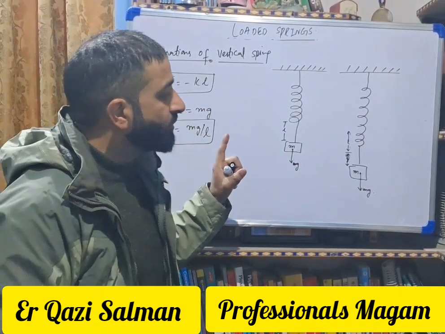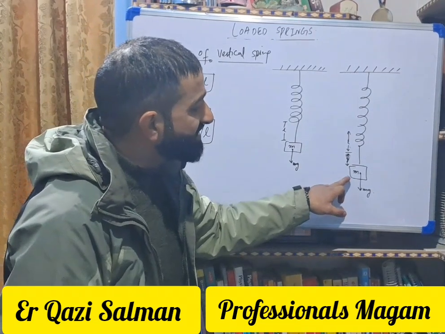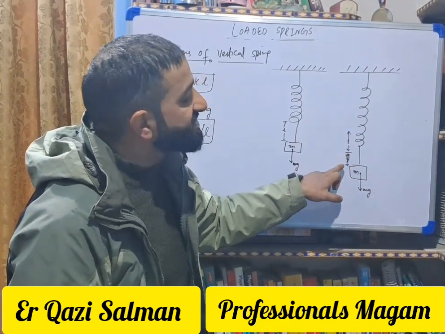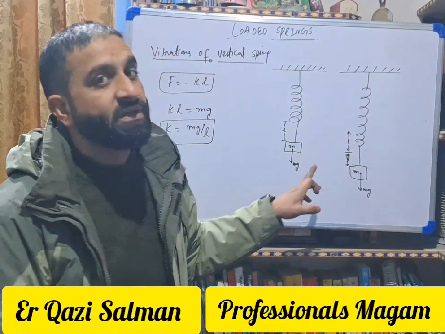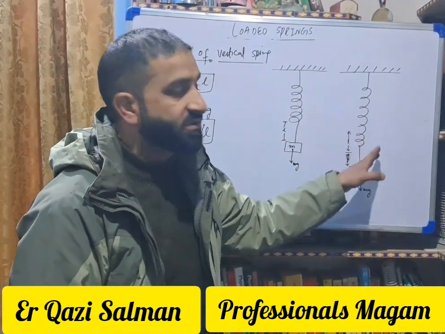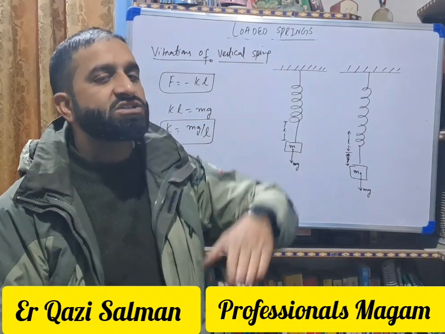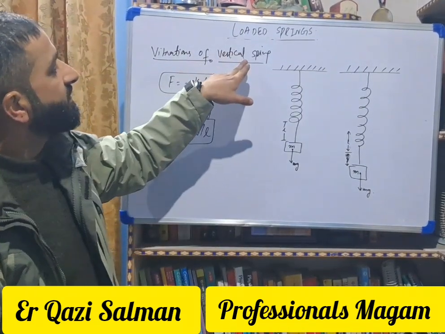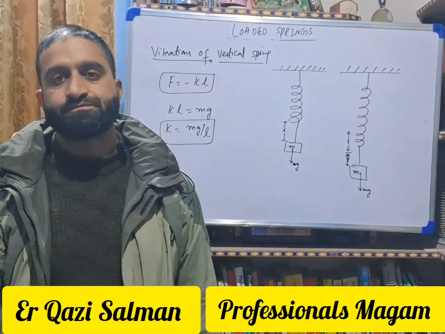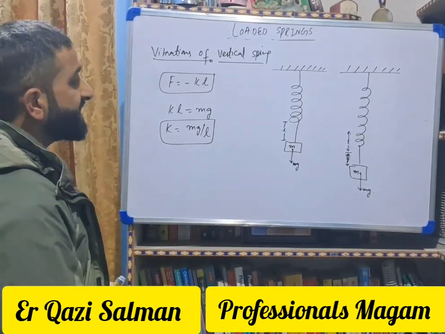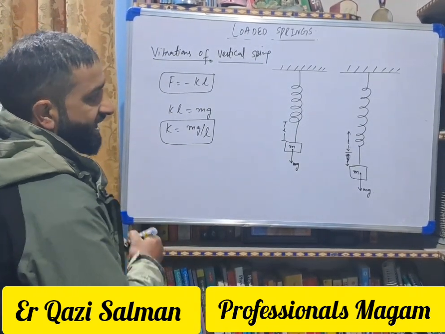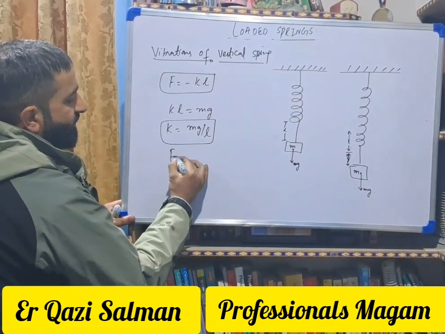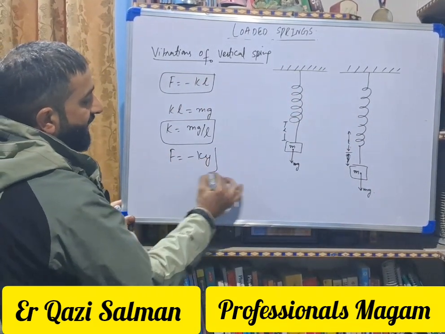Now, what are we going to do? We are going to displace this mass by an extra length of y, and by that extra length y, a restoring force will be developed in this spring, which will make it oscillate to and fro in the vertical direction, and we will get the vertical vibrations. In that case, the effective restoring force developed in this spring, F, will be equal to minus Ky.